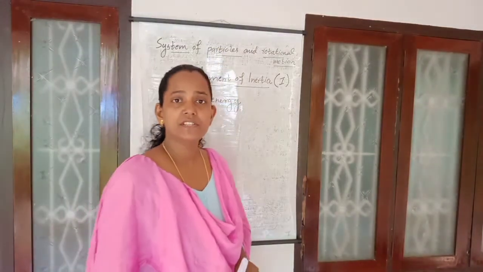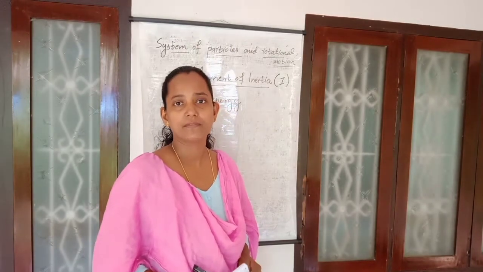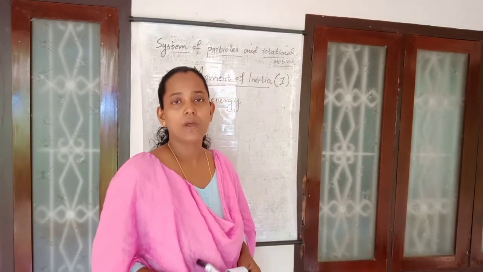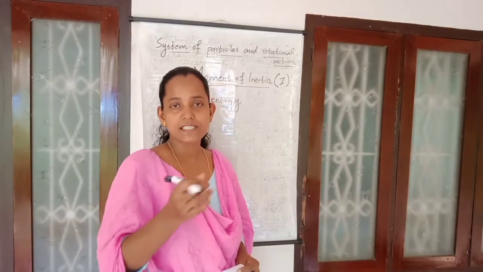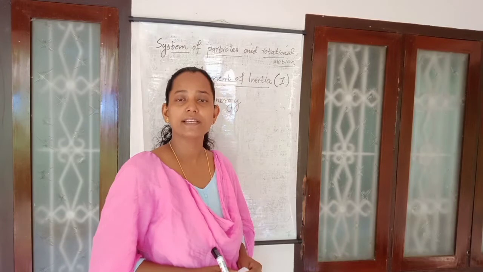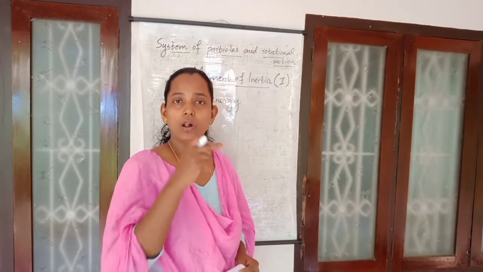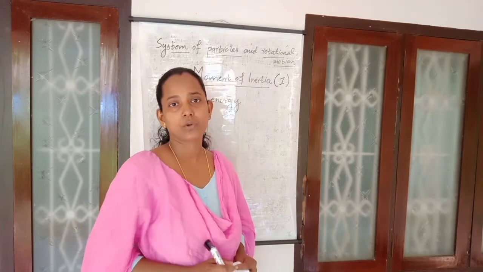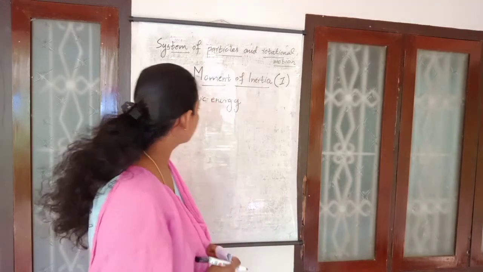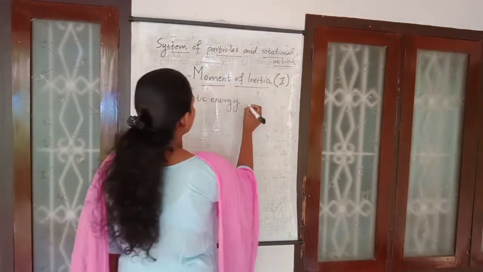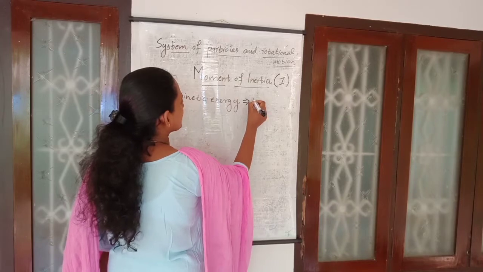We studied, while discussing the rotational motion of a body, that we consider the simple concept where the rigid body is rotating about one fixed axis. So all the particles in that body are following a circular path. In order to find the moment of inertia, we calculate the kinetic energy of a particle.